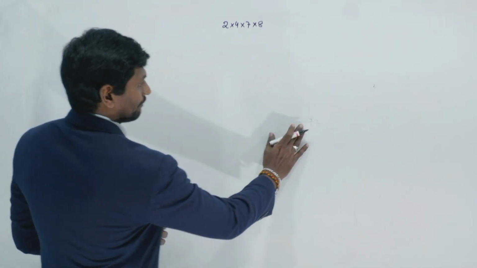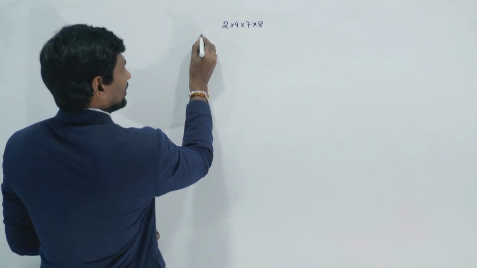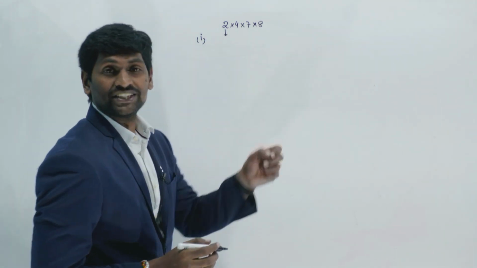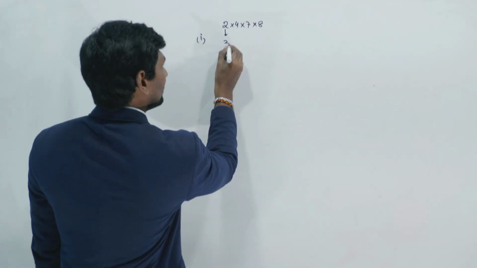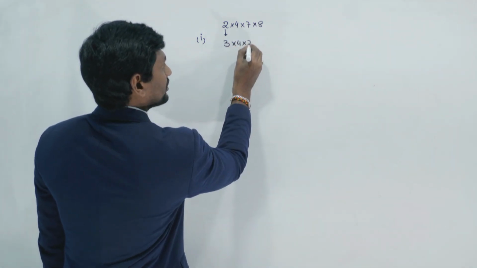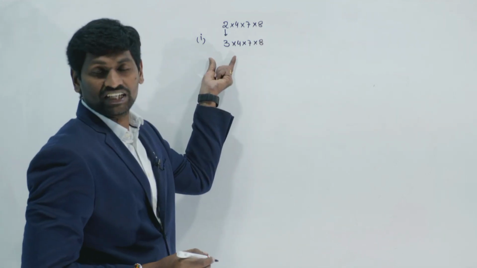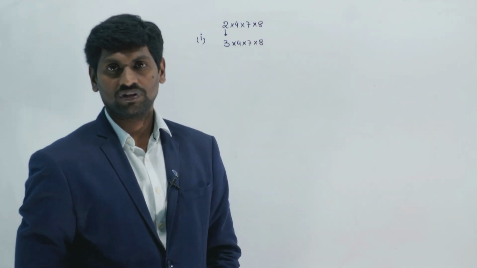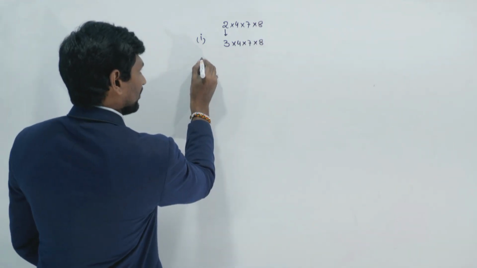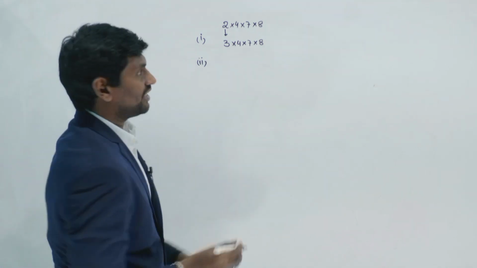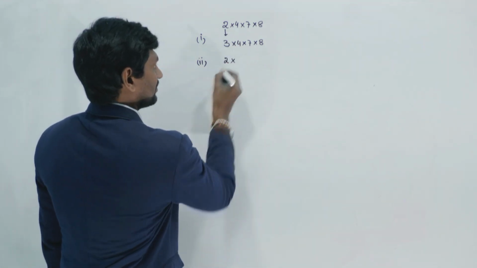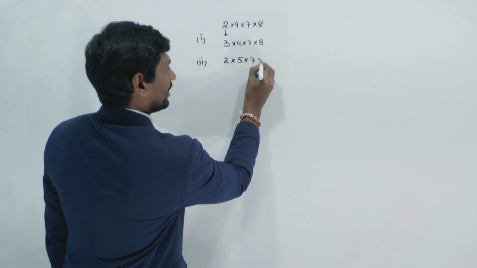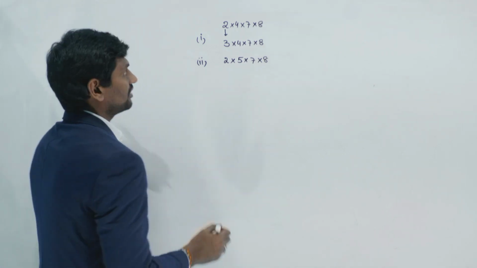Now let us find one by one. First, I am increasing only 2. If I increase the first factor 2 by 1, it will be 3, giving 3 into 4 into 7 into 8, with the remaining as they are. Now the second factor: the first factor stays 2, the second factor 4 is increased by 1 to 5, and the rest stay as they are.